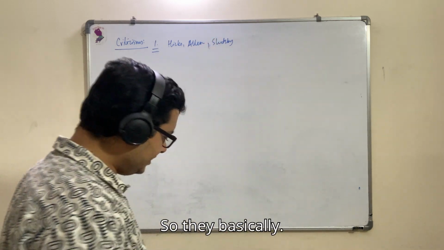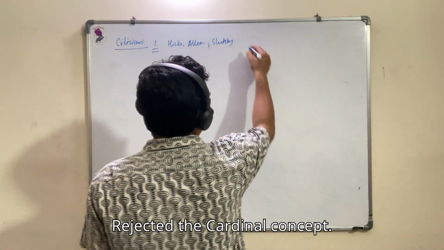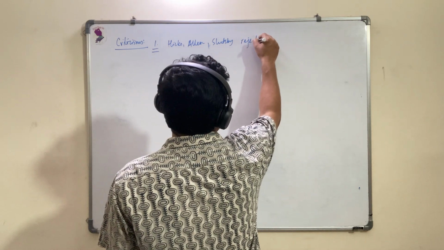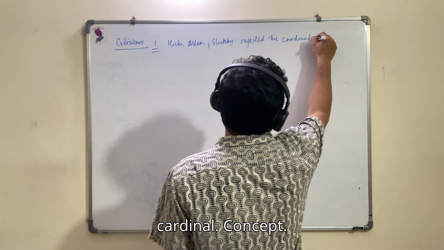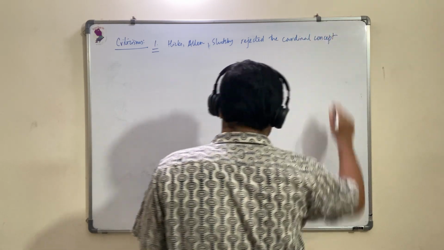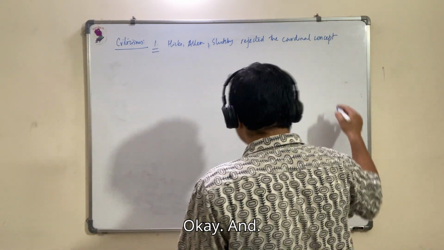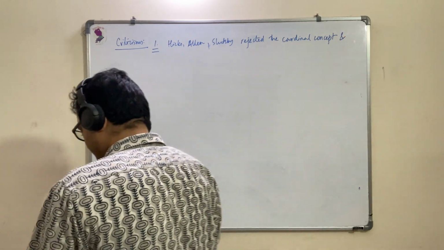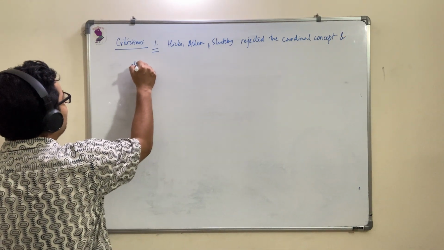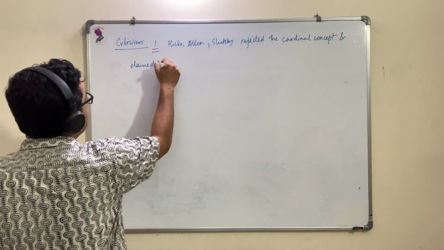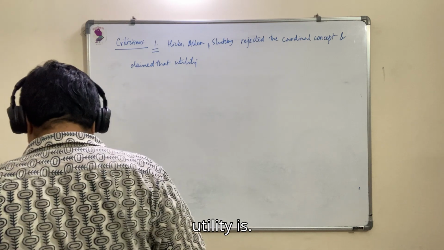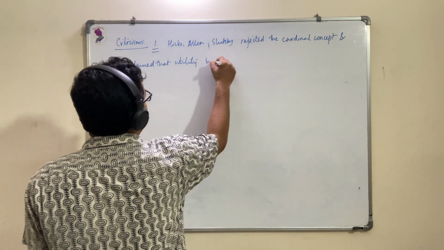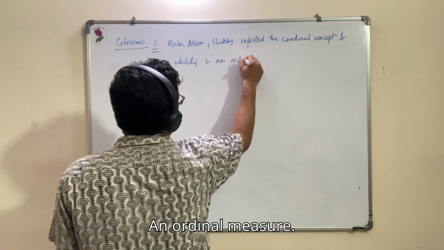So they basically rejected the cardinal concept, and claimed that utility is an ordinal measure.